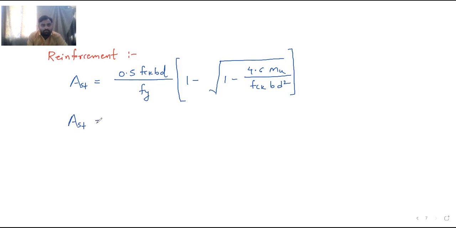Ast is equal to 0.5 fck bd. b is 1000. d is the depth. It is 260.